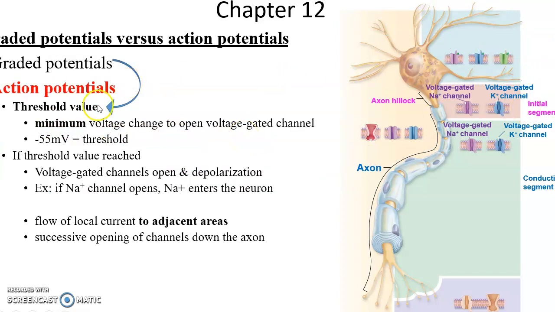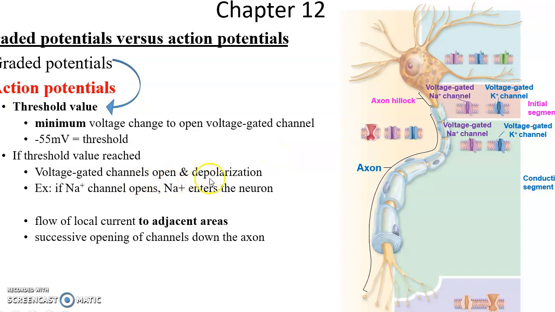So you reach threshold, negative 55 millivolts. This will now stimulate the voltage-gated sodium and potassium ion channels in the axon hillock. So various ions arrive and lead to a threshold of negative 55 millivolts, and now we get the opening of voltage-gated sodium and potassium ion channels.